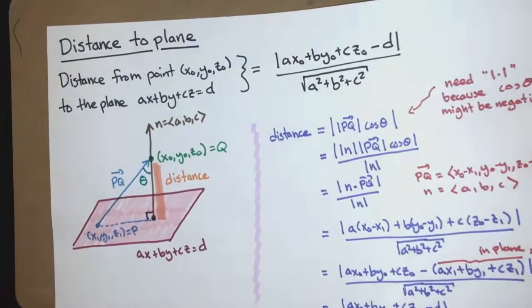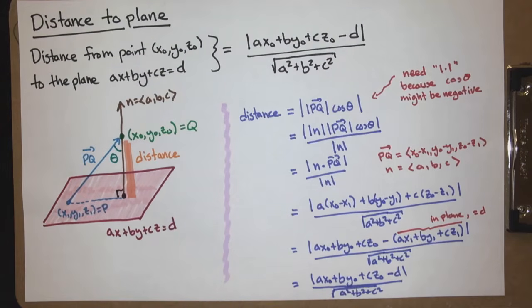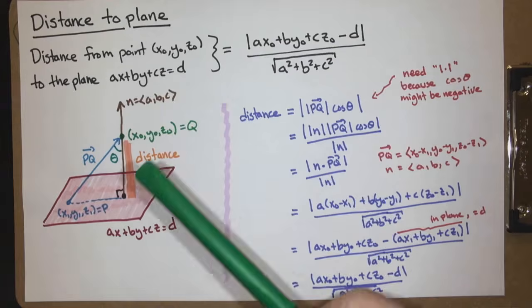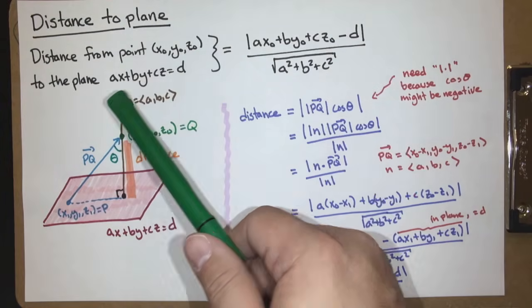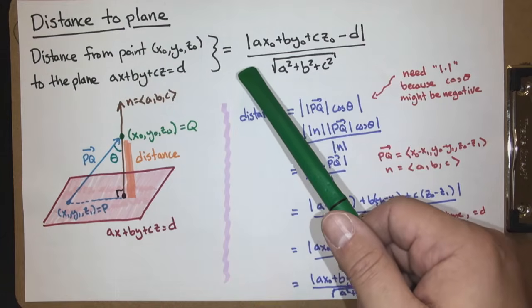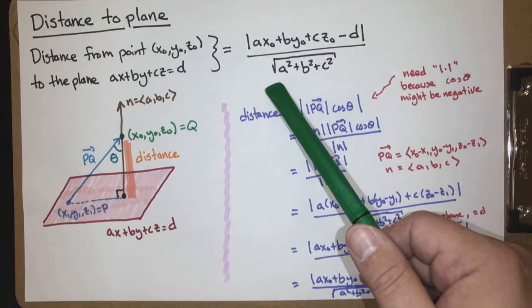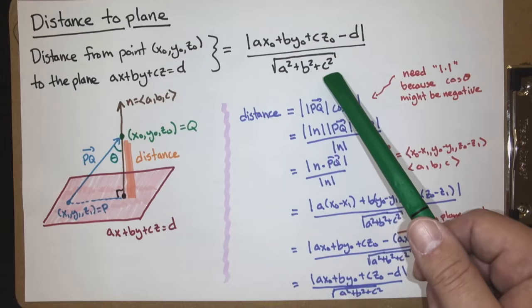Okay, distance to plane. Again, this is from the formula sheet, so you don't have to memorize this, but why does it work? You have a point x naught, y naught, z naught. You have a plane ax plus by plus cz equals d. The claim is you get ax naught plus by naught plus cz naught minus d over the square root of a squared plus b squared plus c squared.